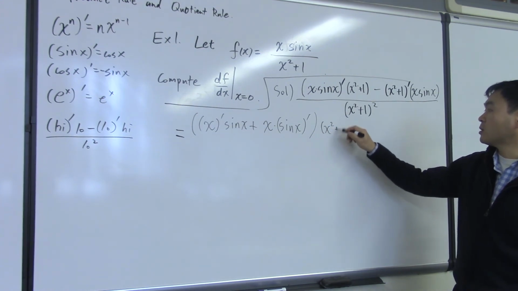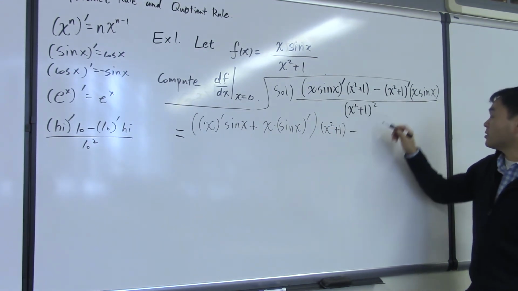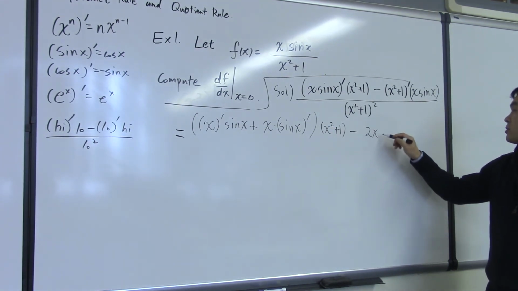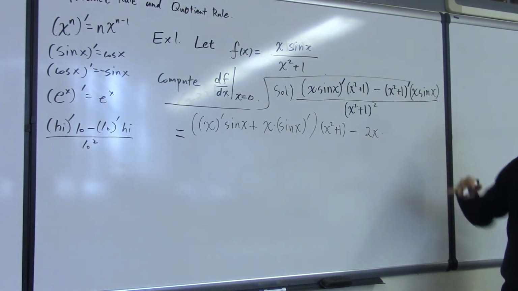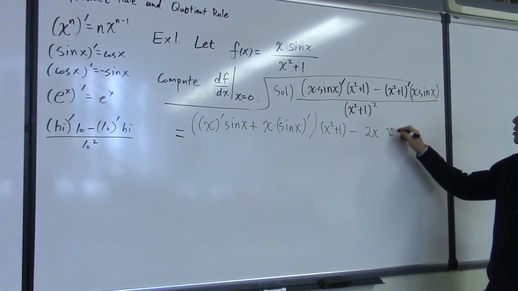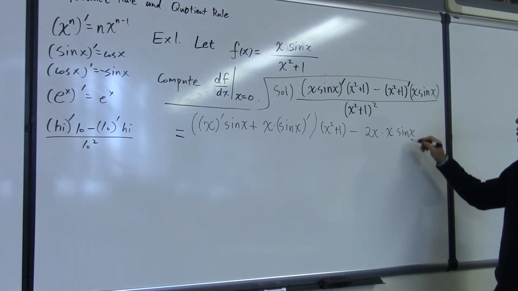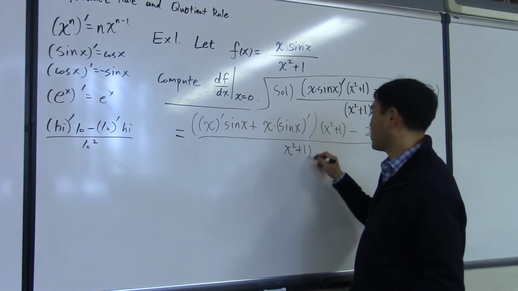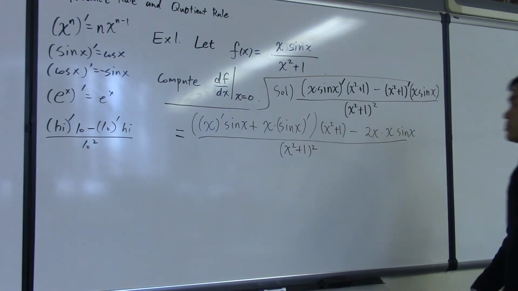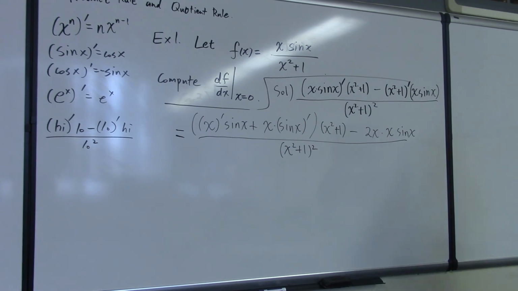x squared plus 1, minus 2x, because x squared differentiates to 2x, and 1 is a constant. When you differentiate 1, it's gone. All over x squared plus 1 squared. Okay. All right.